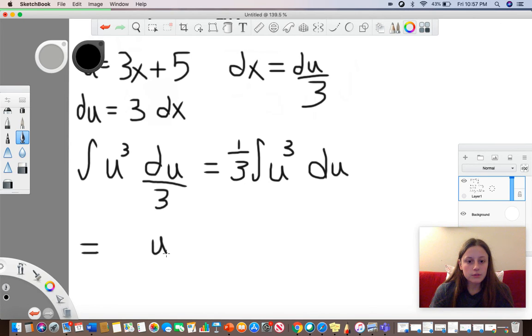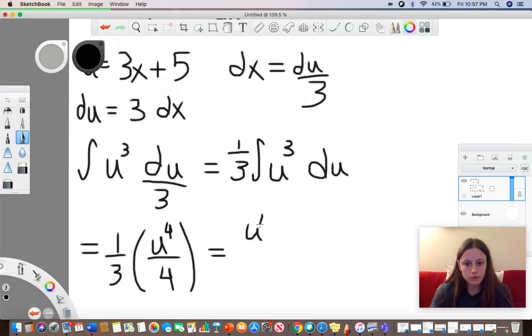So you'll get u to the 4th over 4. And then I'm going to keep my 1/3 out front here, which is equal to u to the 4th over 12. And then lastly, to complete the problem, you resubstitute your u expression back in.